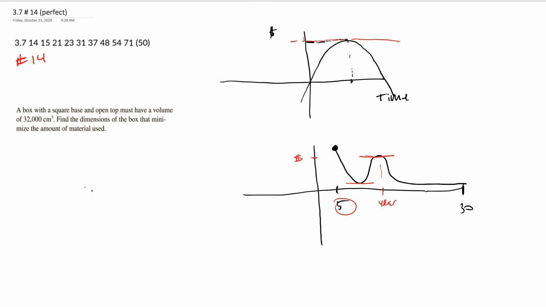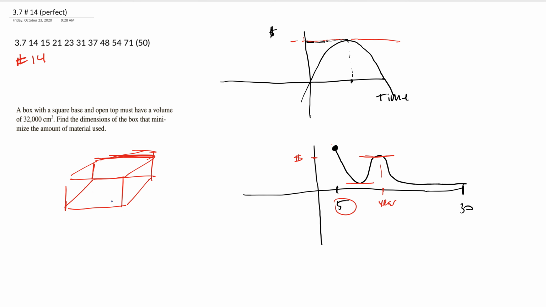All right, so I'm gonna draw my box. Okay, so it's a square base and open top. Must have a volume of 32,000 centimeters cubed.